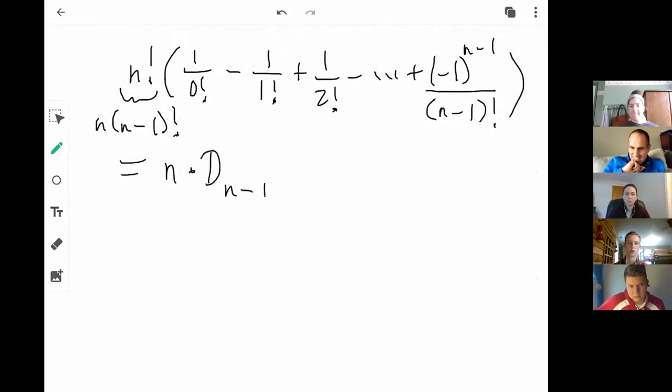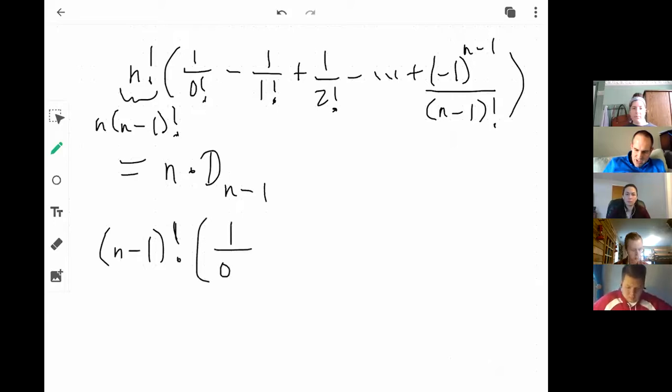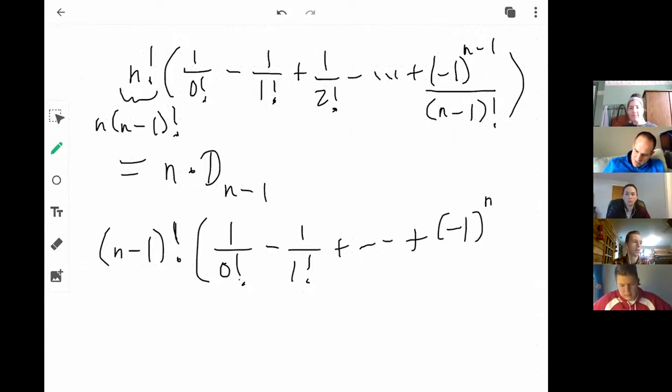And the other one was n minus 1 factorial times 1 over 0 factorial minus 1 over 1 factorial plus, etc., plus negative 1 to the n minus 2 over n minus 2 factorial, close parentheses.